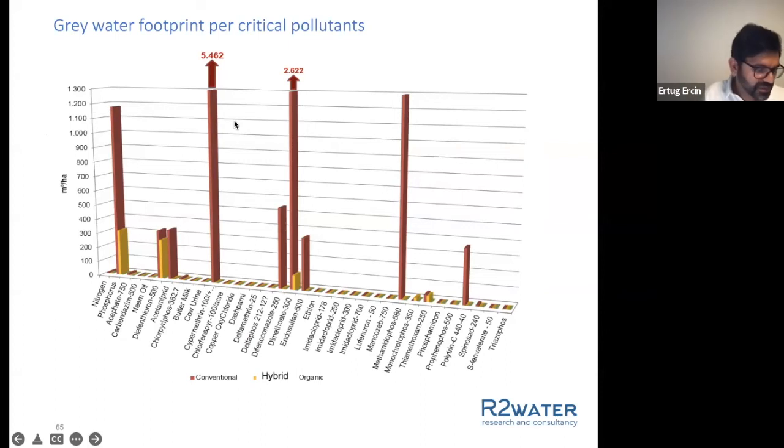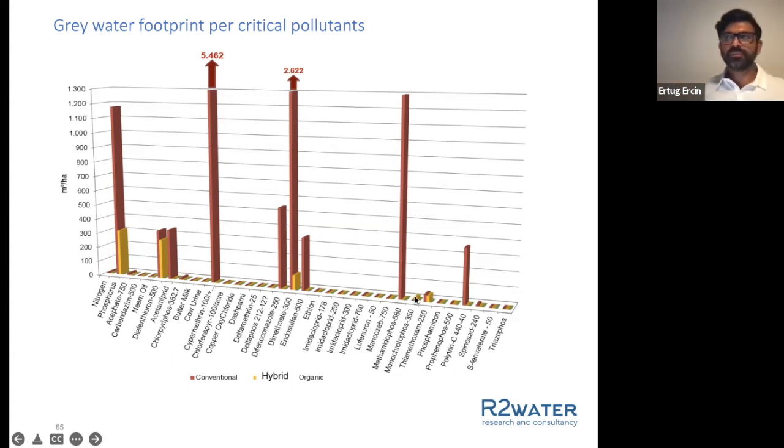This is pesticide use, but please look at the chemicals you're using and their impacts. The same purpose, different chemicals used. You can see that some have a really high water footprint, some are really low.